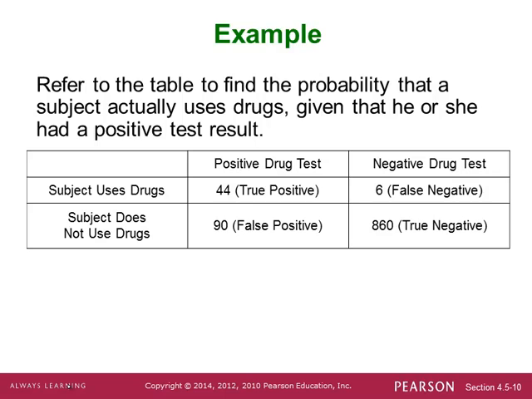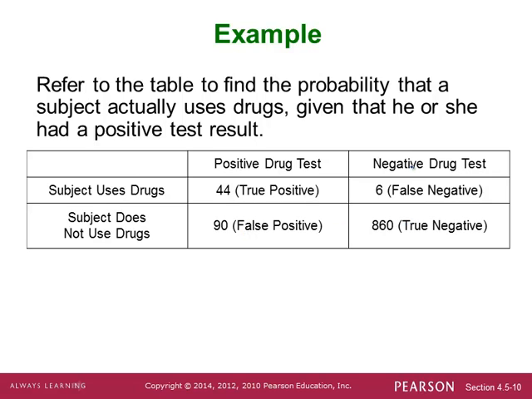So here's an example. Suppose that we were to randomly sample 1,000 people and subject them to a drug test. Ask them to do a urinalysis, for example. Well, suppose that we know that 50 individuals in that population are drug users, and then that the other 950 are not drug users.